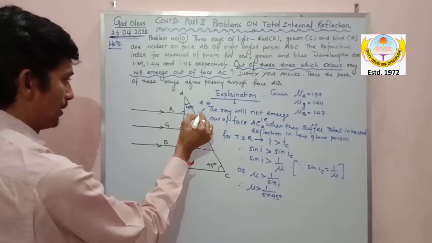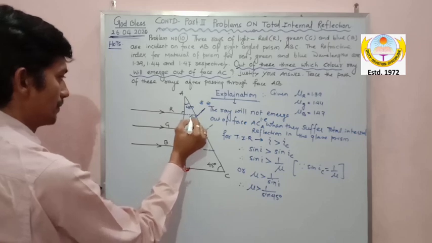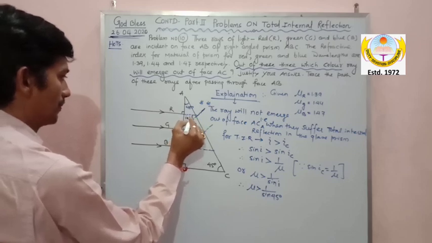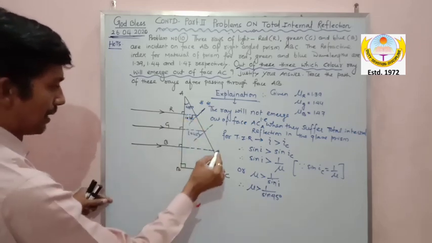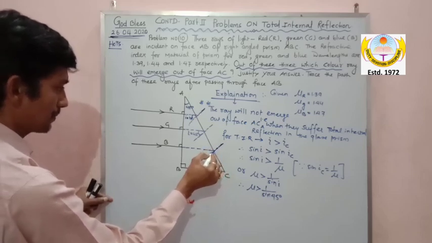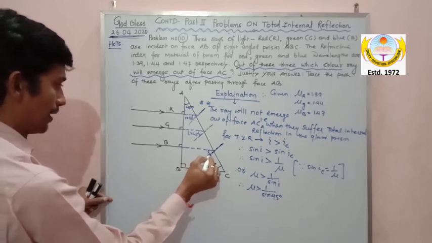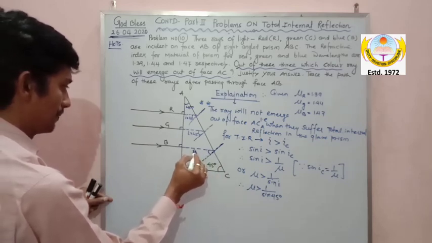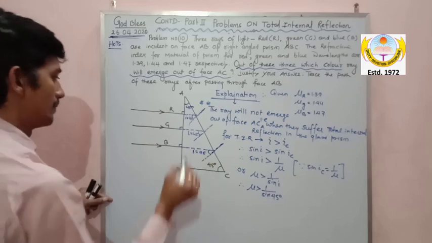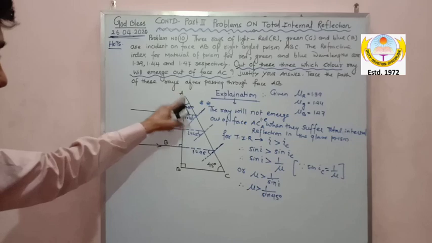Similarly, this is the normal, here it is 45. Similarly, this is normal, so here is 45. You all know that a 45, 45, 90 degree triangle is this.